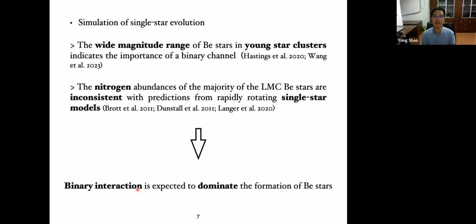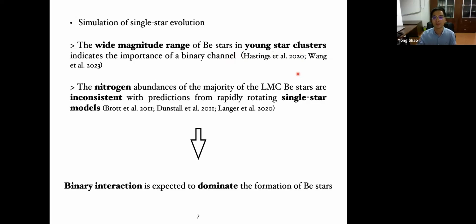And for the simulation of single star evolution, Be stars can be produced at the end of the main sequence. So it is predicted that the Be stars in young star clusters should stay near the turnoff region in the HR diagram with a narrow magnitude range.